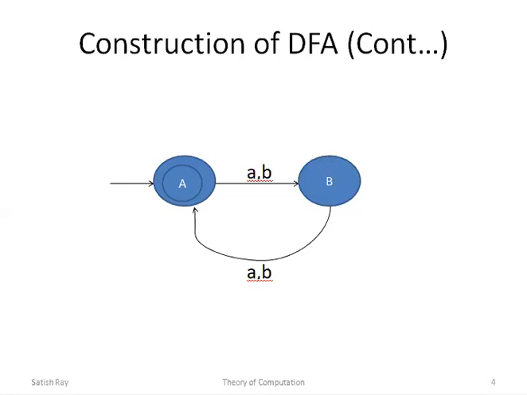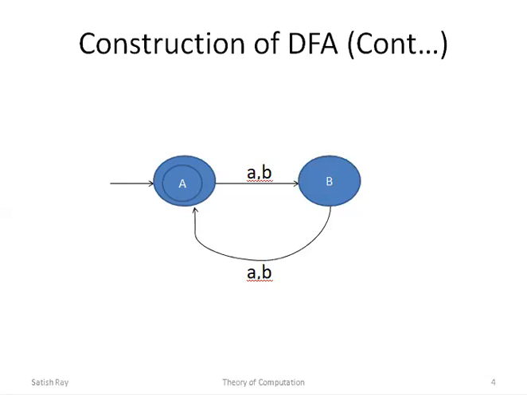So all the strings of length 1 will be rejected. Then the input string of length 2, the next state will be A, and A is a final state. So it will be accepted.